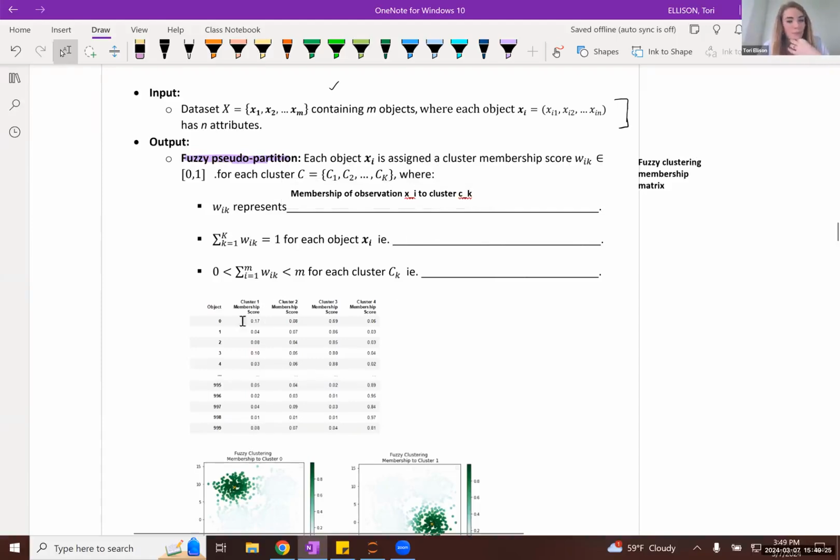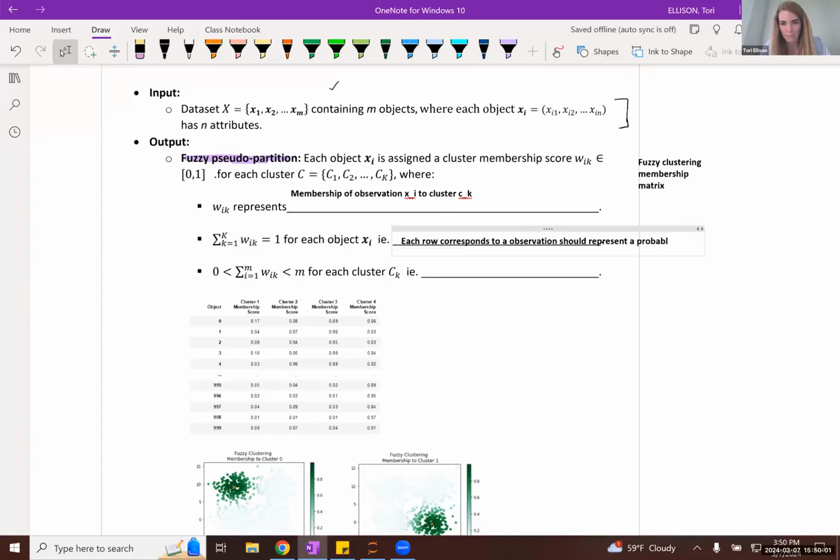Now, in general, we usually apply some additional properties to the cluster membership scores within this matrix. Number one, we usually stipulate that the sum of the weights in each row should add to 1. In other words, each row that corresponds to an observation should represent a probability distribution.